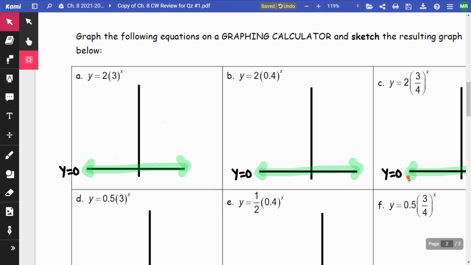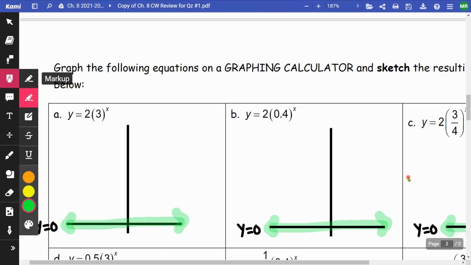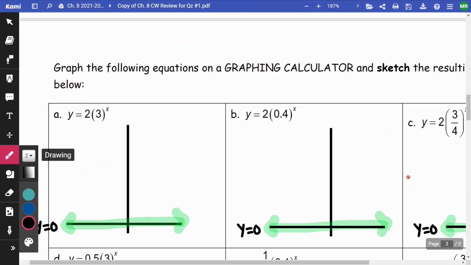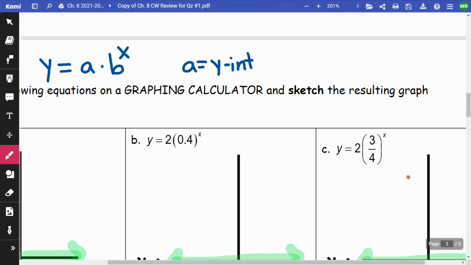So for this first one, again, what you want to pay attention to, let me just write this out. If you have y equal a times b to the power x, your a is going to be your y-intercept. Your b is what we are multiplying by.